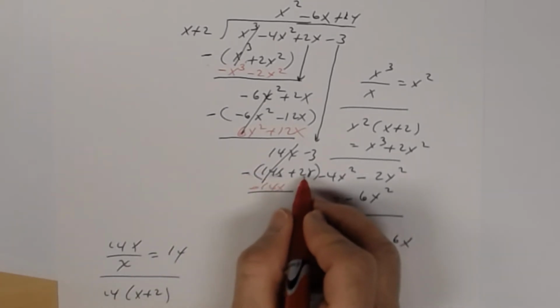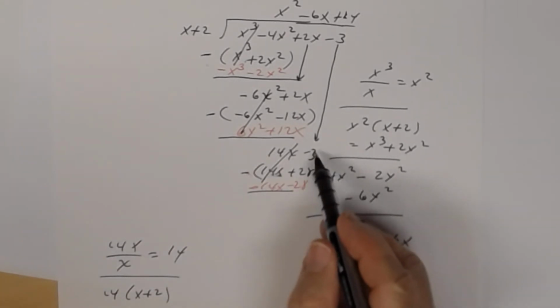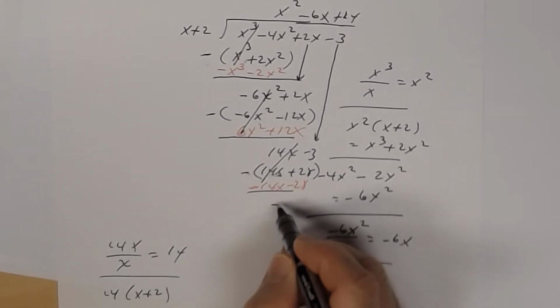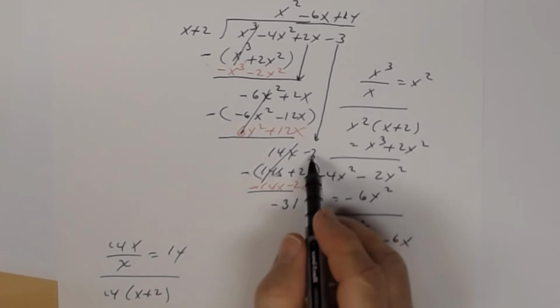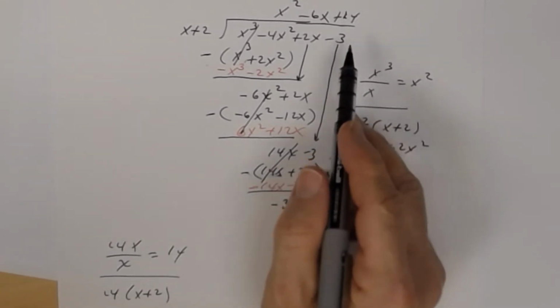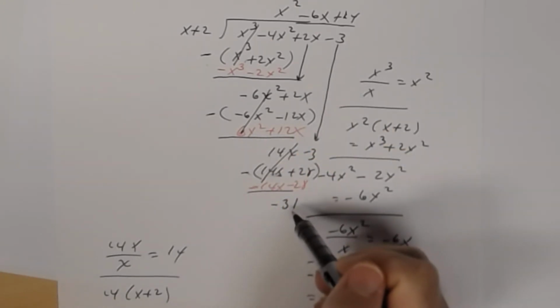The opposite of a positive 28 is a negative 28. I want you to notice a negative 3 and a negative 28 is a negative 31. Okay? So negative 3 subtract 28 is a negative 31. Now notice, there's no other term to bring down, right? So that's your remainder.